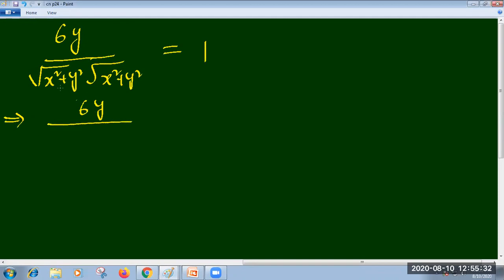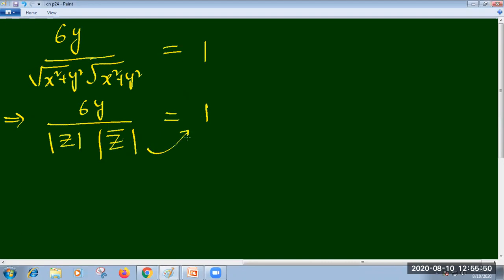So in place of this you can write mod z, and this as mod z bar, the conjugate of z, is also equal to under root x square plus y square.